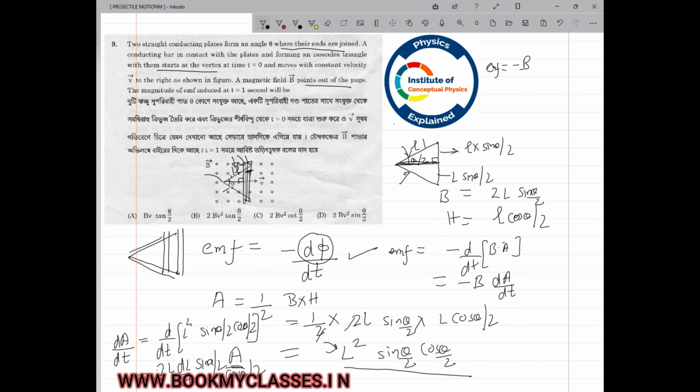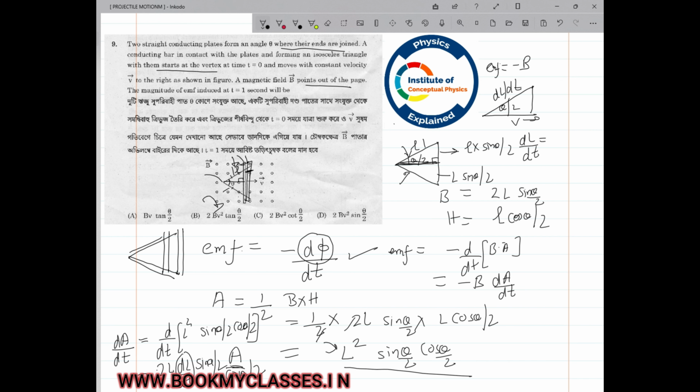So if you see the answers, what we have is this velocity square. I think we have sine theta cos theta by 2. But what do we do with this, and how do we link this with the velocity? So if you notice, dL by dt is in this direction and velocity is in this direction, right? So this is your dL by dt. If I were to make this triangle, this is theta by 2. So dL by dt, which is your hypotenuse, can be written as what?